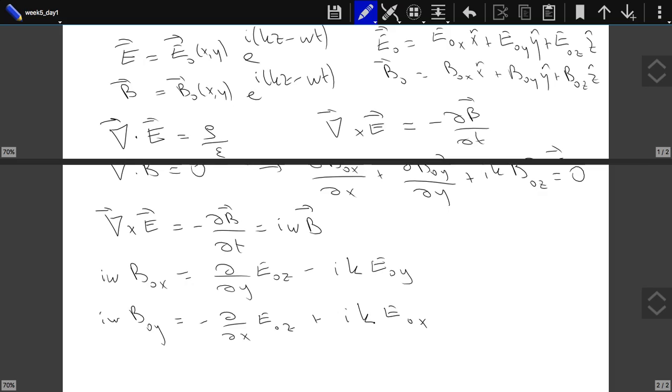Now, the y component is minus x component times the z component plus the z component times the x component. And finally, the z component is the x component of the first times the y component of the second minus the y component of the first times the x component of the second.